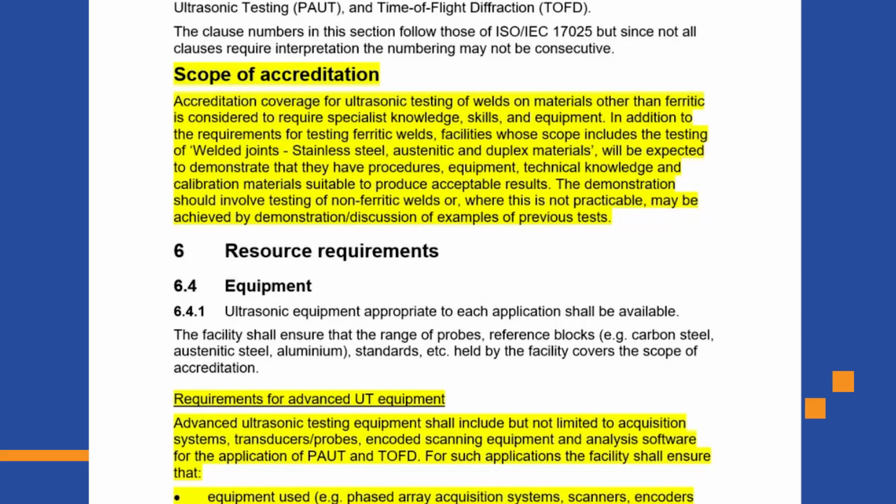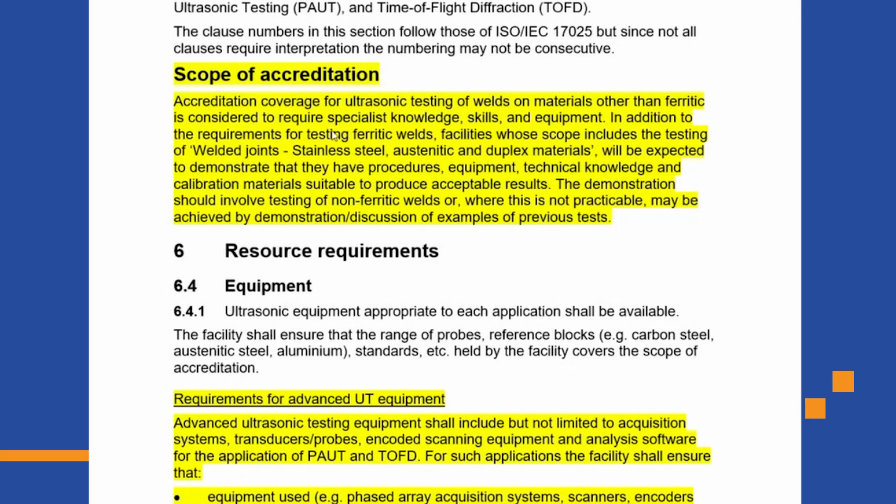So don't be frightened that you're going to be expected to find a vessel with a stainless steel weld in there for the demonstration. There are alternatives. It would be great if you could demonstrate an actual stainless steel weld being tested, but we recognise that's not always possible.